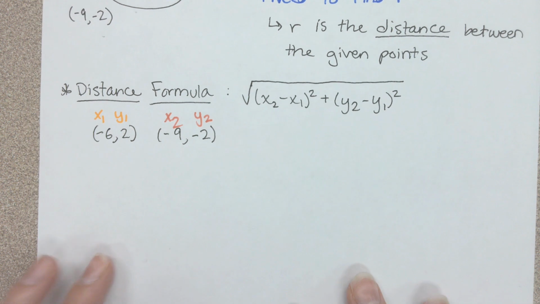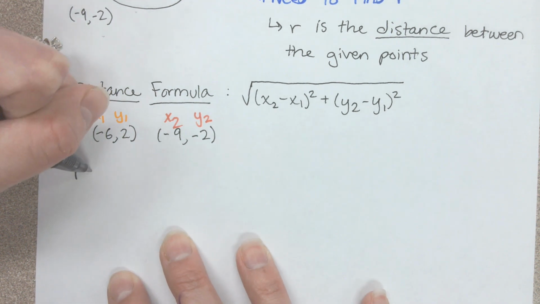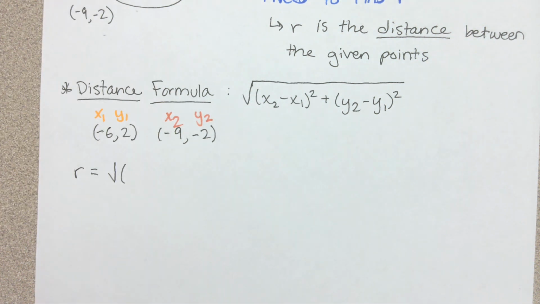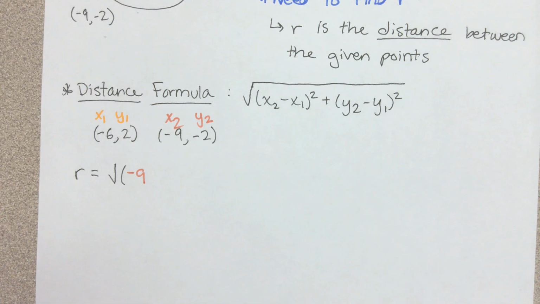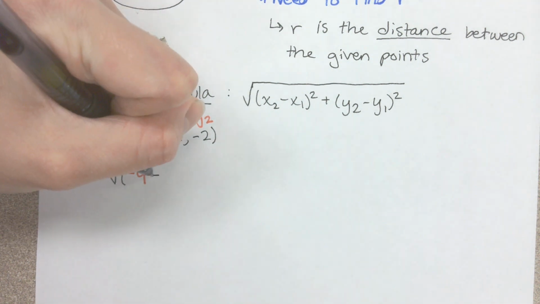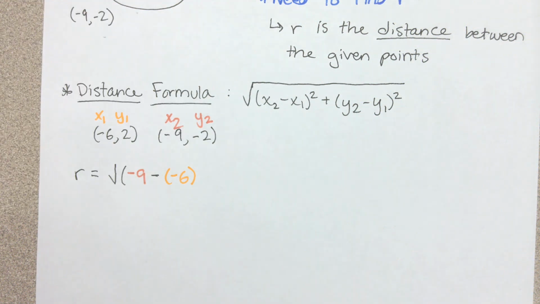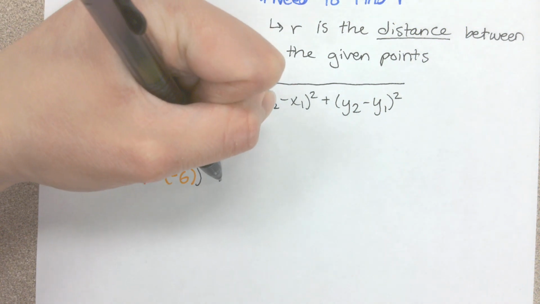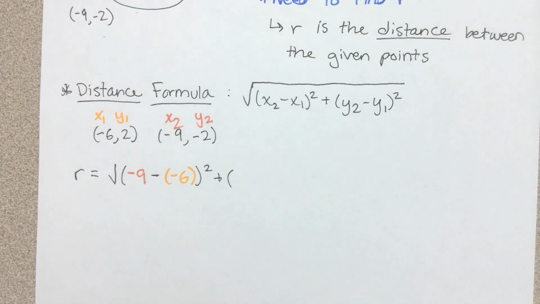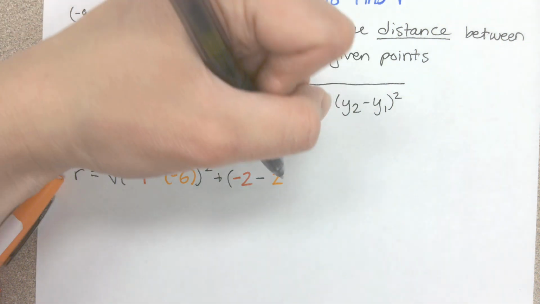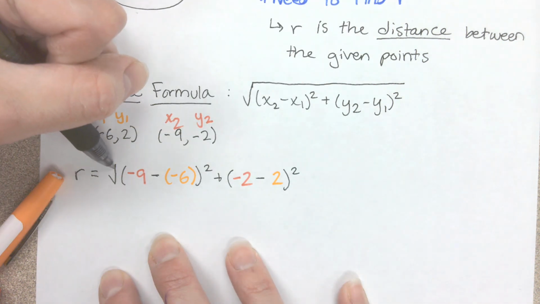And we're using this to find r. R is equal to the square root of x2, which is -9, minus x1, which is -6, squared, plus y2, which is -2, minus y1, which is 2, squared.